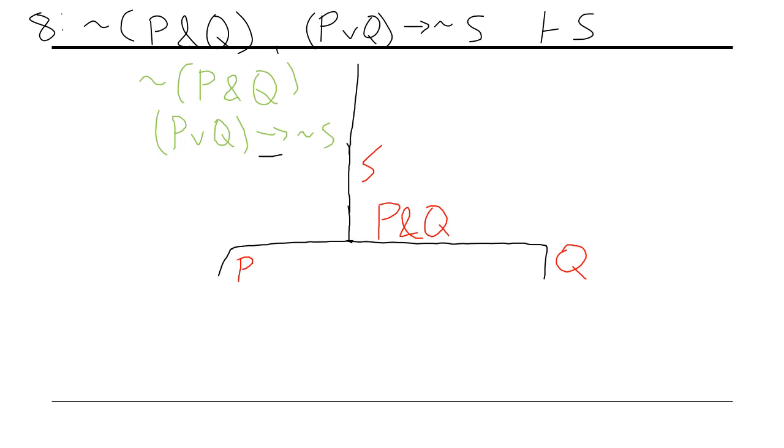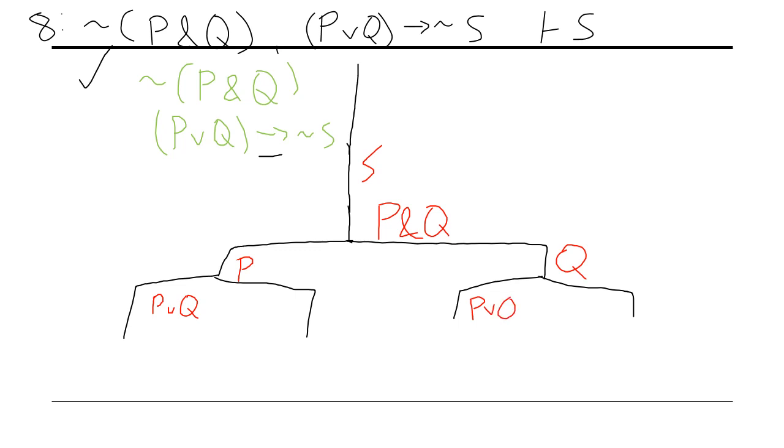Second premise, the main operator is the arrow, so we have to branch out. And the left side's false. Get rid of that. Left side's false. Side's true.